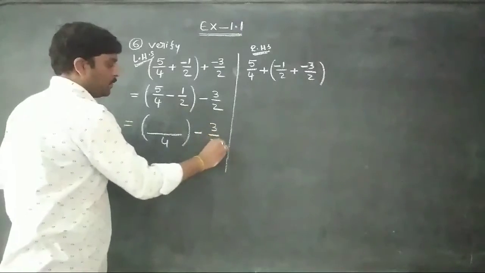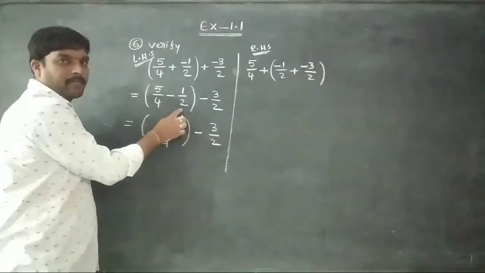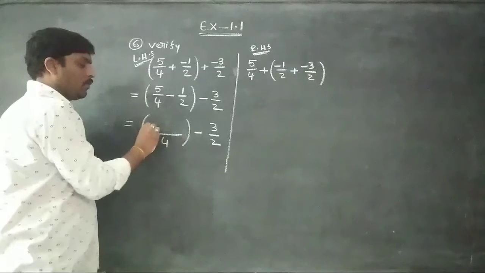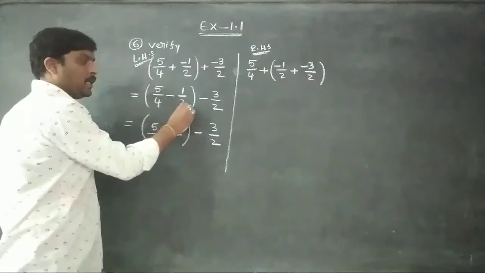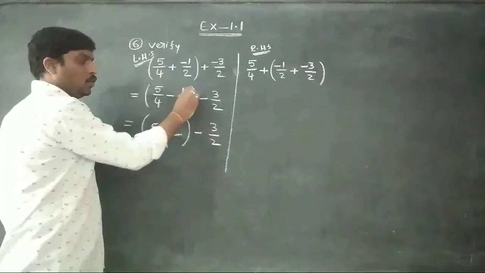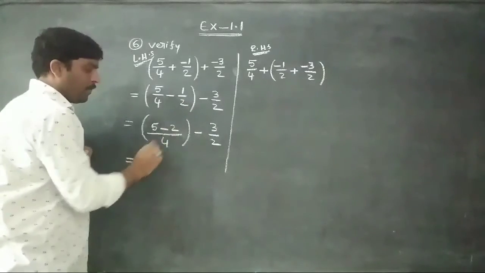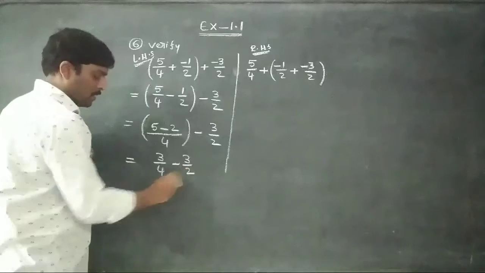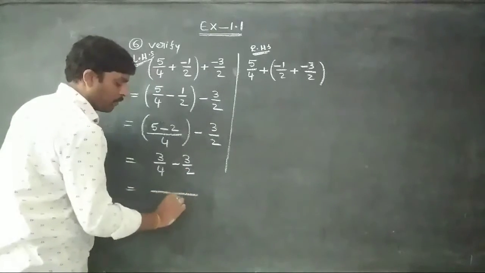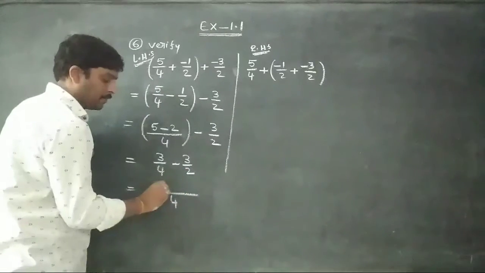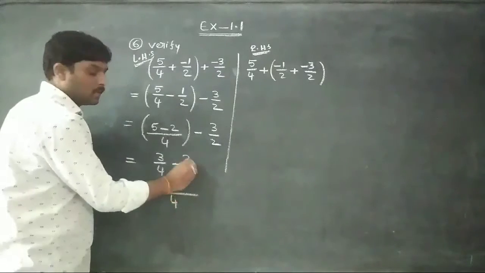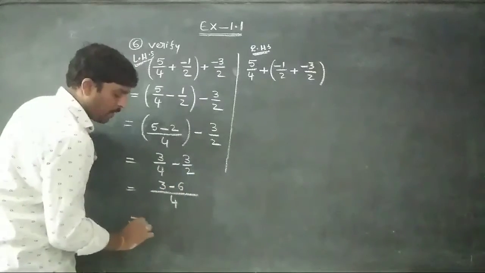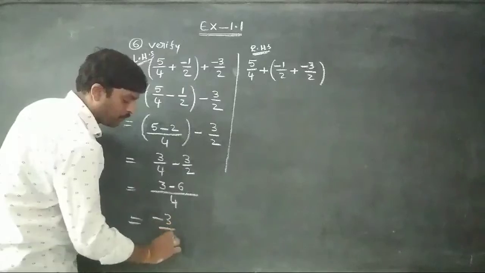Here 5 by 4, and here also make it 4: 5 minus 2 is 3 by 4, minus 3 by 2. Now taking LCM 4, 2 twos are 4, 3 twos are 6. The final answer is minus 3 by 4.